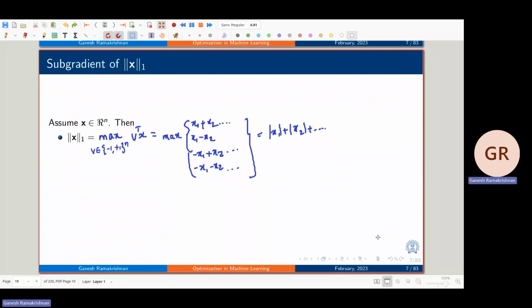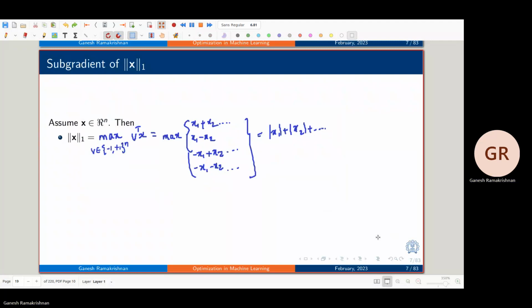Exactly what I wrote there. The convex hull of those, so there could be multiple linear combinations which give you the same value.